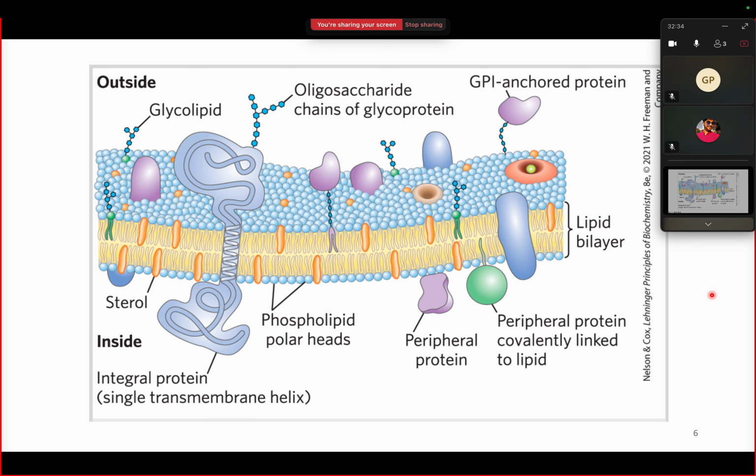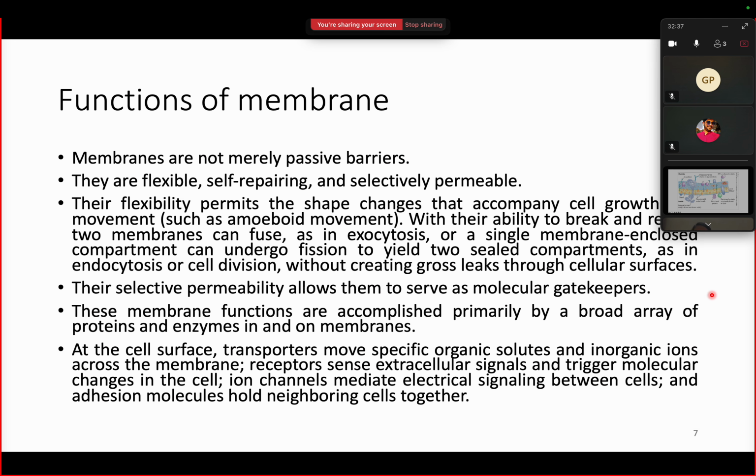So these are some major different types of protein, and this is just a schematic and very basic representation of a cell membrane. Okay, so talking about the functions: the structure of a cell membrane is so dynamic and functionally relevant, it connects the outside to the inside of a cell, but what are the major functions associated with the cell membrane? As we have discussed earlier, cell membranes are barriers, right, and they're selectively permeable, so definitely they provide a barrier property to anything they are surrounding.